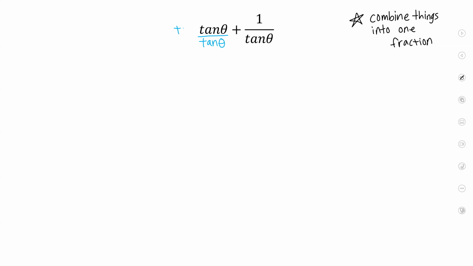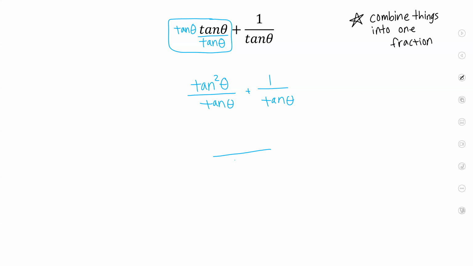So I'll multiply both the numerator and the denominator by tangent theta. This will now become tangent squared over tangent, and this other fraction stays the same. But now that the denominators are the same, I can combine it into a single fraction. So your denominator is tangent theta, and you add the numerators, that will be tangent squared theta plus 1.